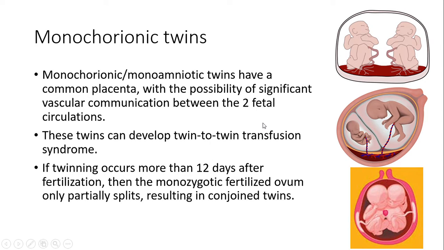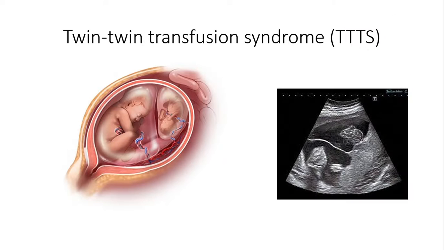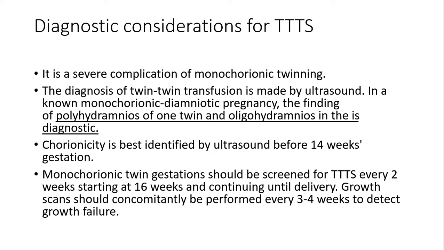Monochorionic monoamniotic twins have a common placenta with possibility of significant vascular communication between 2 fetal circulations. These twins may develop twin-to-twin transfusion syndrome. Diagnostic consideration for this syndrome is to find polyhydramnios of 1 twin and oligohydramnios in the second one.